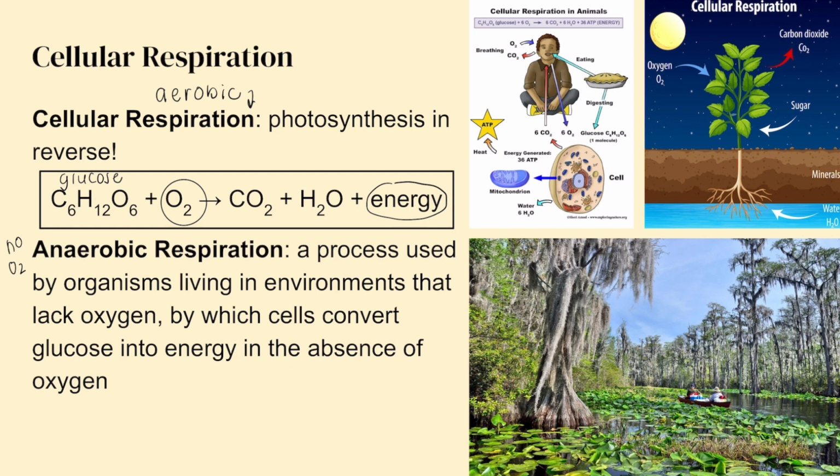And it doesn't provide as much energy as cellular respiration. So we can still break down glucose molecules if oxygen is not present, but it's not as efficient. We get less energy. So something to know about anaerobic respiration is less energy is actually released or made available to perform cellular processes.